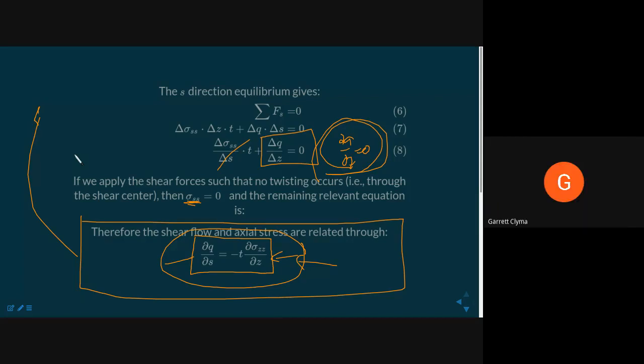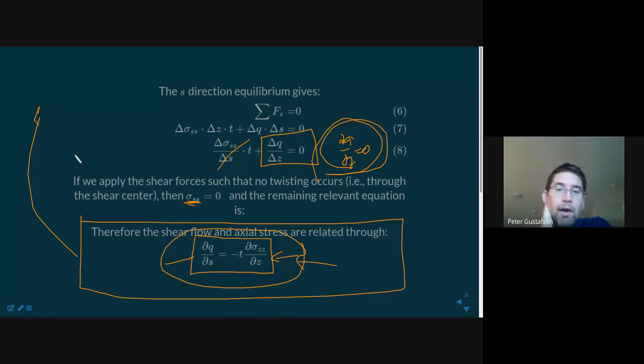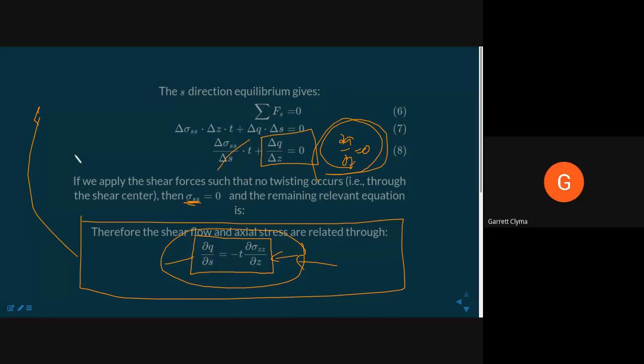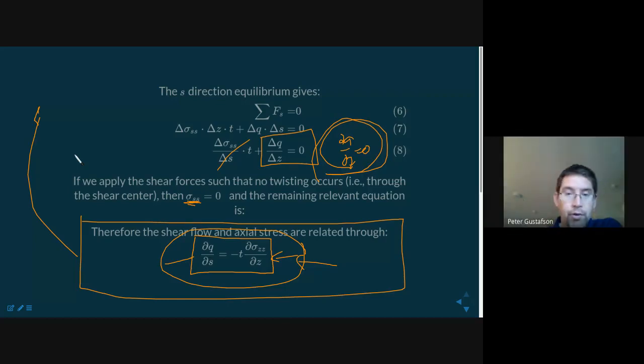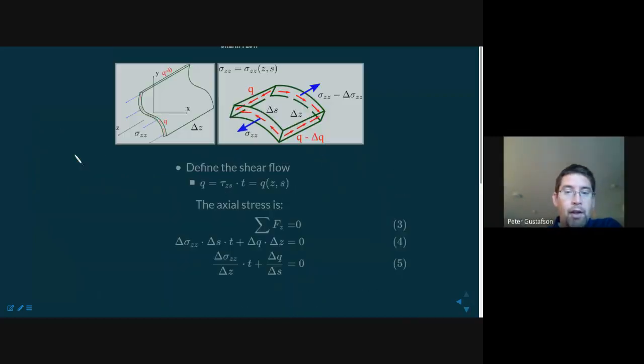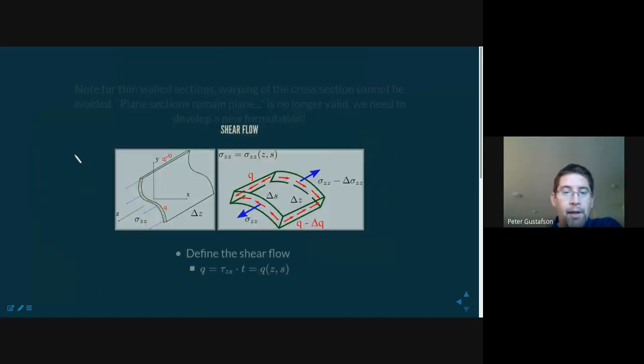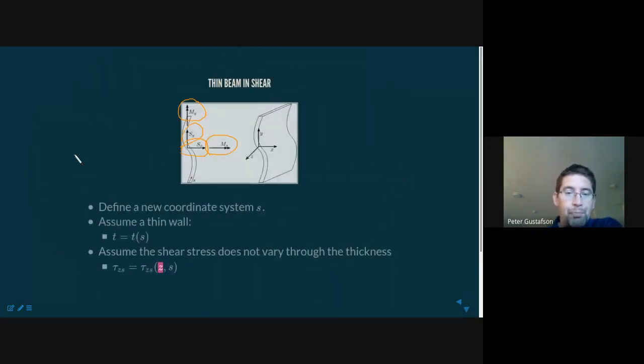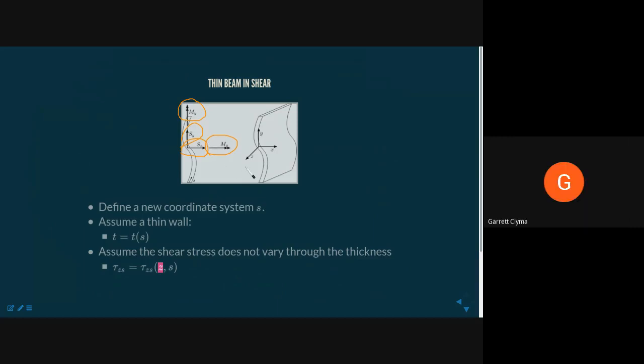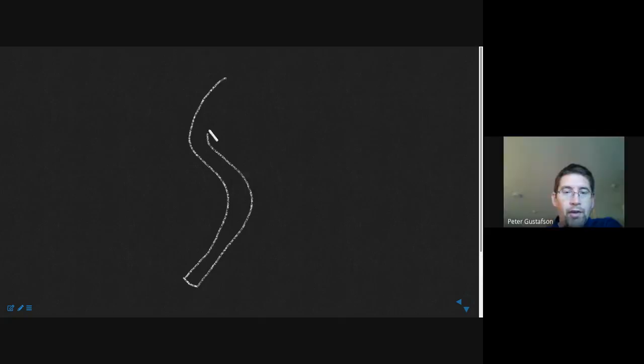I also had a question. This is Garrett. Yeah, hi Garrett. Is the S direction basically the X or Y direction? No, great question. If I wasn't clear about that, in fact, I admit that I didn't clearly describe that. Let me touch on that a little bit more. So here's the cross section that I've drawn.